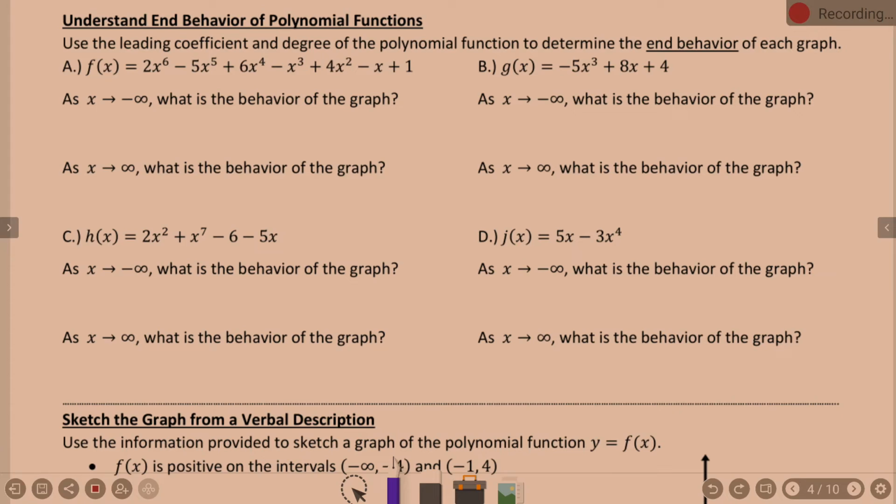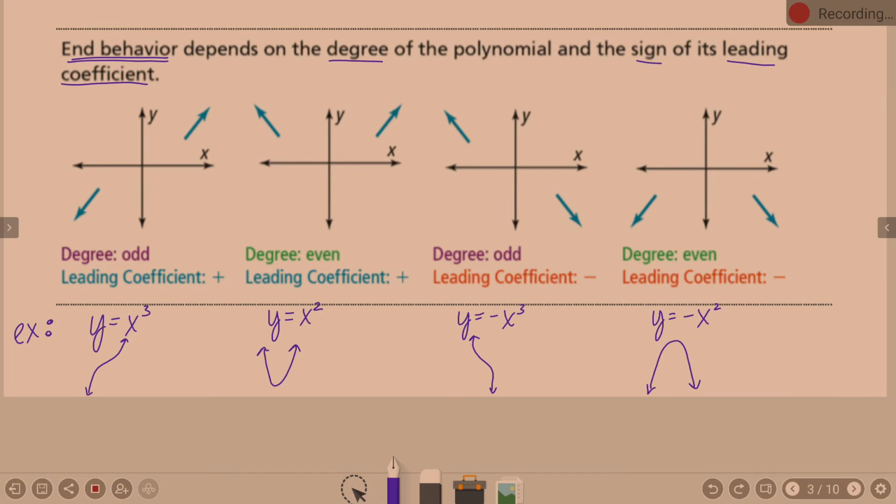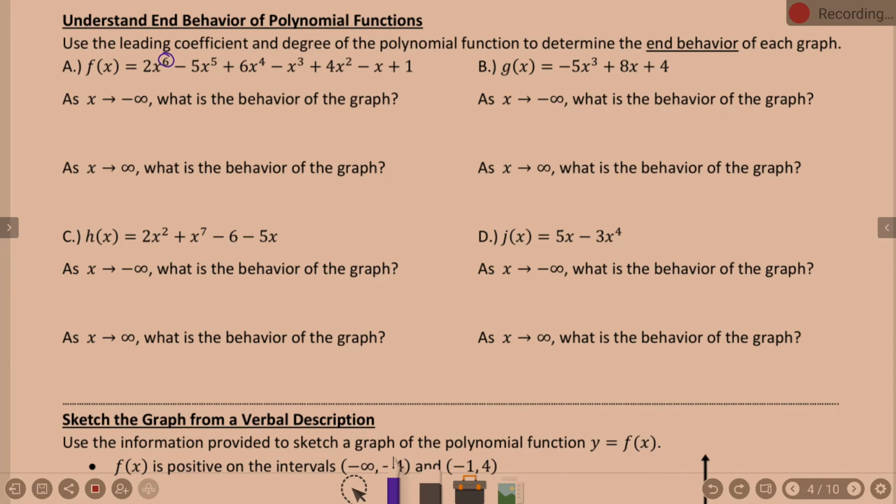What's the degree of this? 6. The highest power, which is 6. What do you know about the number 6? Is the degree even or odd? And we all know that the degree is even.